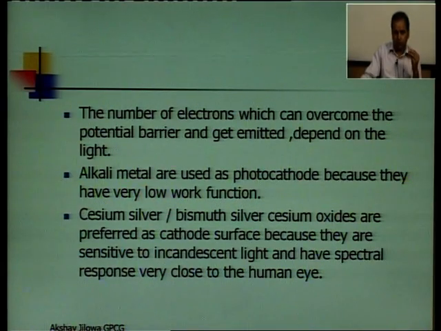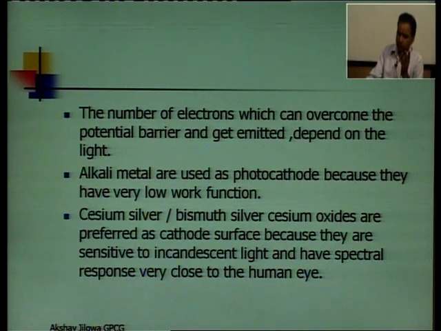It is the minimum energy required by an electron to overcome the force which keeps it intact in its orbit or state. In alkali metals this energy is very low.